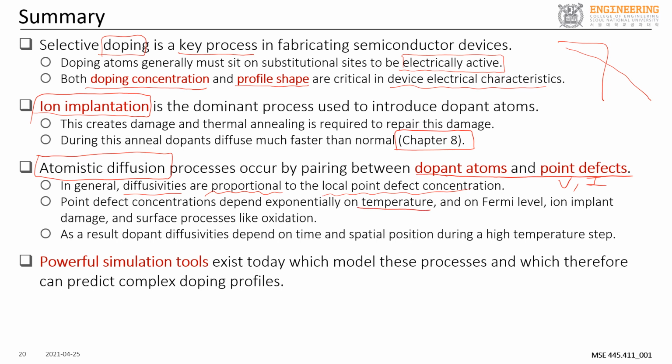And also the temperature is very important, and there are other important factors which we talked about before, the Fermi level and so forth, and like oxidation. So that kind of explains a lot of secondary effects we see on diffusivity using this atomistic diffusion model.